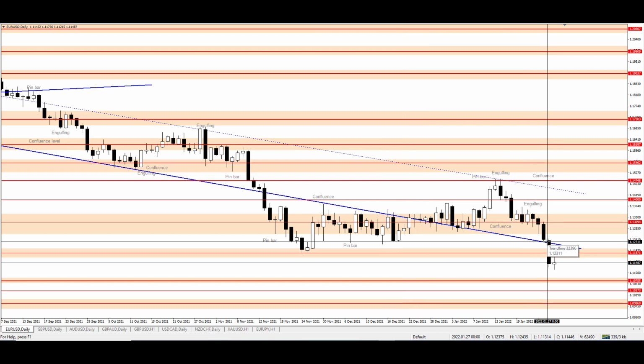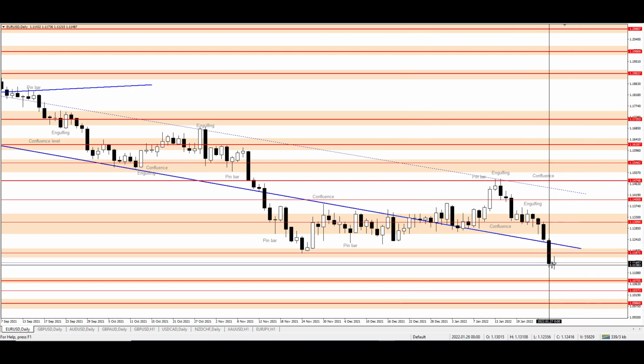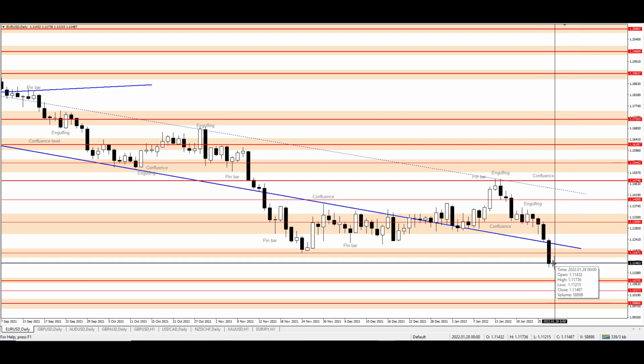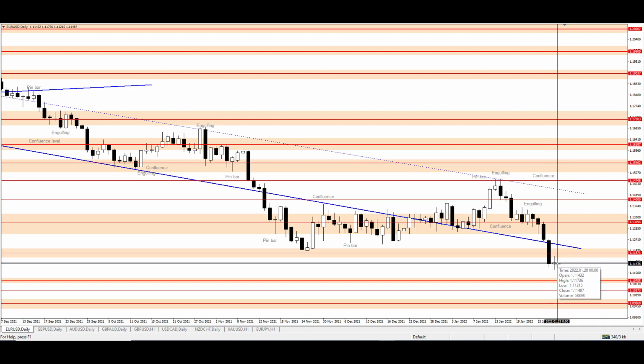And on Thursday it was over. Bears took over, they broke below this confluence of support, and on Friday the price stopped here as an indecision candle.